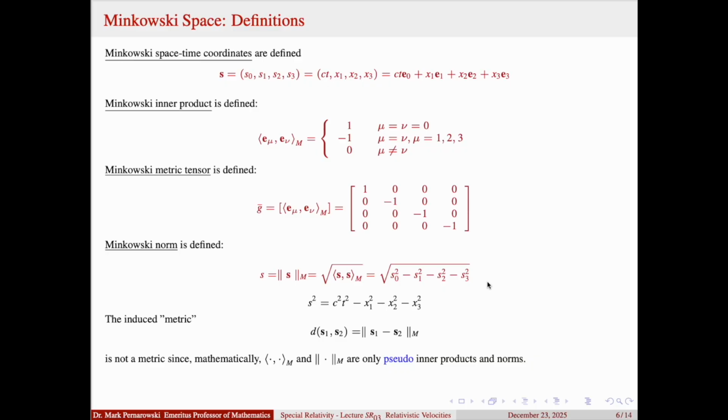You look at that and you think, well, there's some minus signs in there and there's a plus sign. Sometimes the thing under the square root will be positive. Sometimes it will be negative. That produces some weird things. But this is basically the equivalent of Pythagoras' theorem in special relativity. Instead of all pluses, you got three minuses with the spatial coordinates and a plus sign with the temporal part.